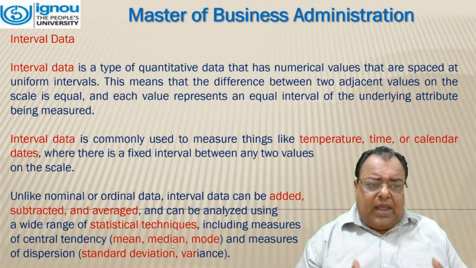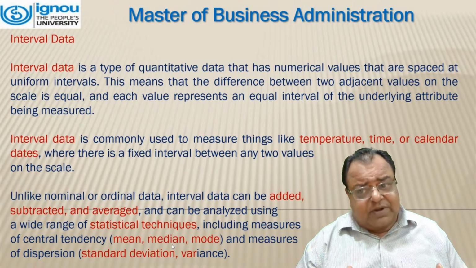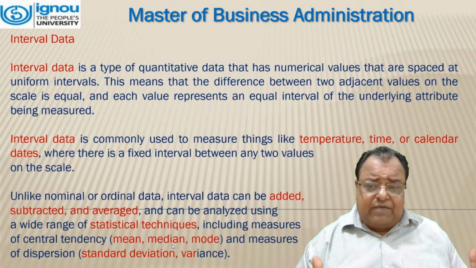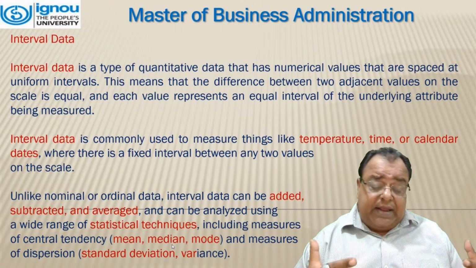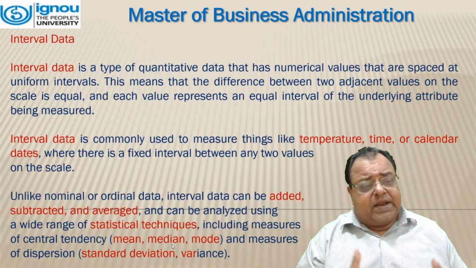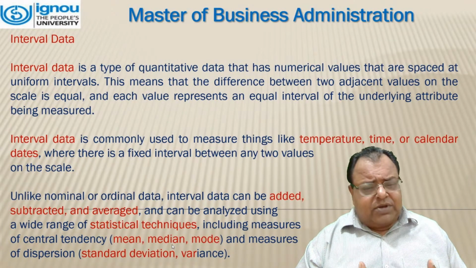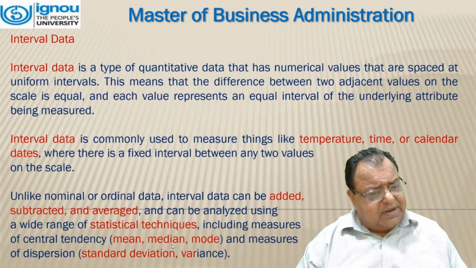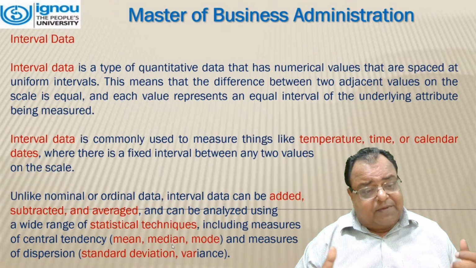Interval data. Interval data is a type of quantitative data that has numerical values that are spaced at uniform intervals. This means that the difference between two adjacent values on the scale is equal, and each value represents an equal interval of the underlying attribute being measured. This is commonly used to measure things like temperature, time, or calendar dates, where there is a fixed interval between any two values of the scale.